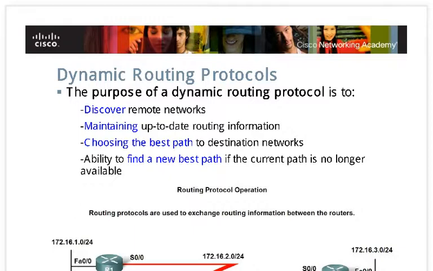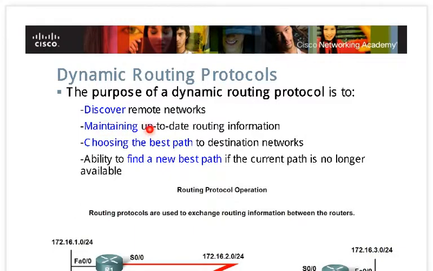Okay? So we need to discover the surrounding routers, and based on that, each router will inform you that, by the way, I have these networks connected to me. So you know now that you have some networks that are remote to you, but you know that they are connected to one router which is next to you. So this information will keep accumulating through the exchange of information between all the routers.